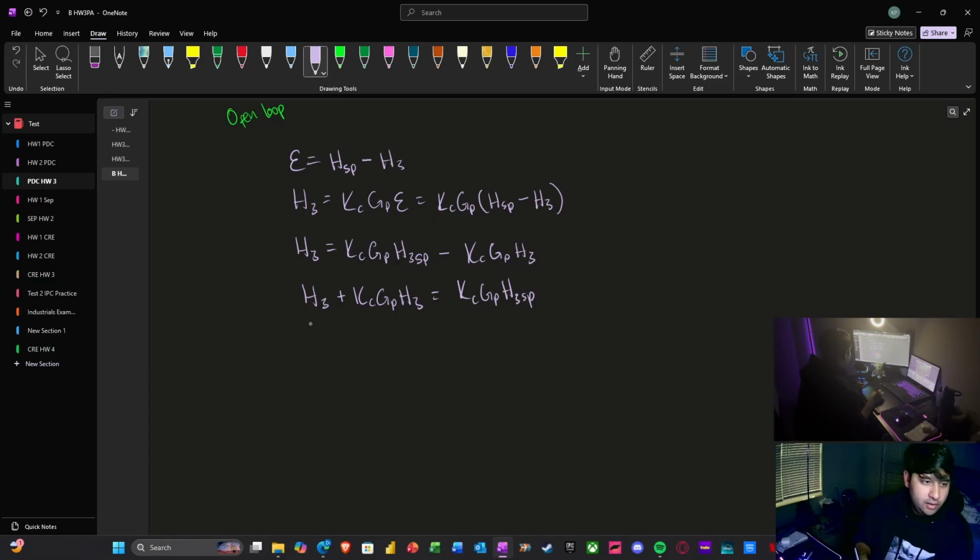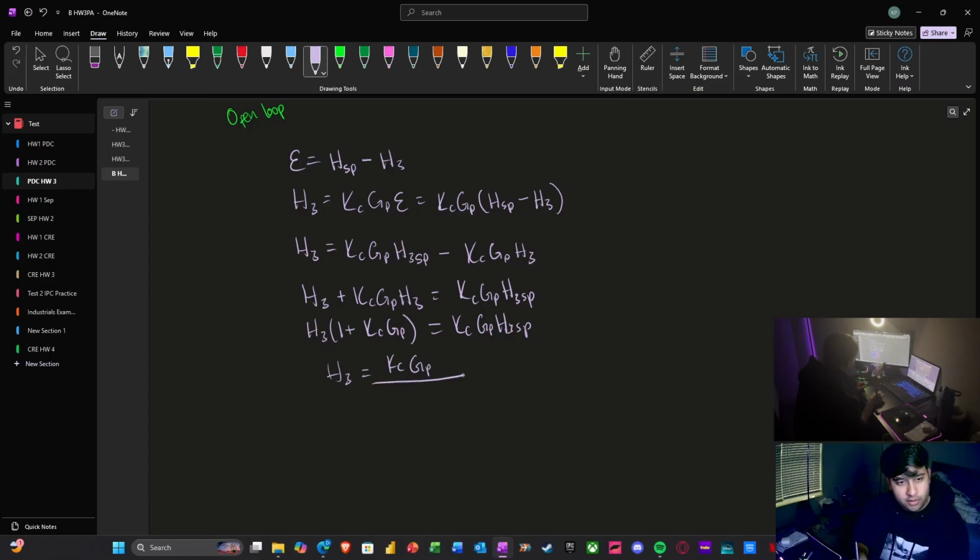Then if we substitute it out, we can finally isolate our H3. So now we get GP over 1 plus KC GP, but I'll put H3SP on the outside for a specific reason, because this right here will be our transfer function.